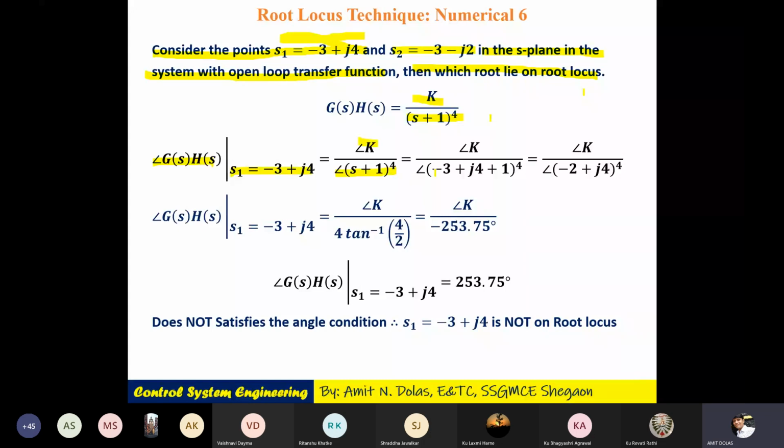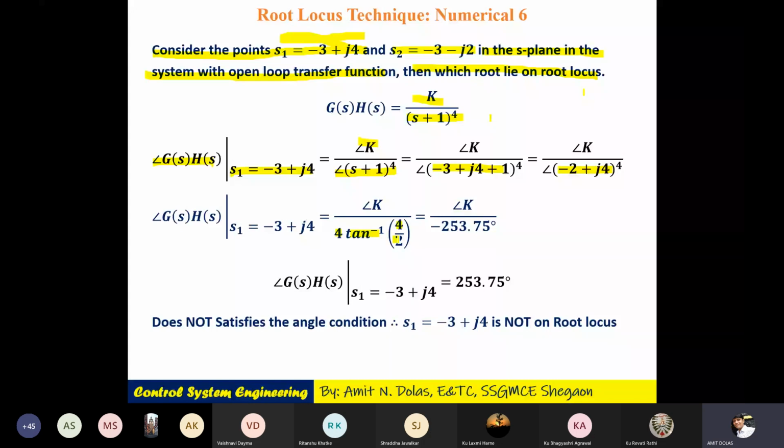Putting the value of S, that is minus 3 plus J4, it will be this. Then I may write it 4 tan inverse of imaginary, that is 4 divided by 2, and I did not write the minus sign, the minus sign. So the angle is minus 253.75.